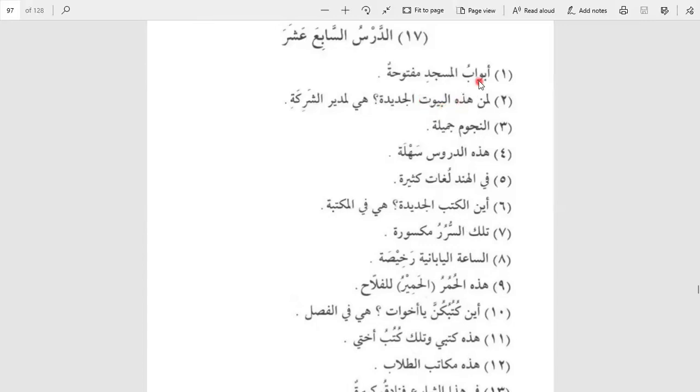Sorry, I was confused by bawab, which means doors, and this buyut is houses. So for whose these houses? Here لمدير شركة. This is for the director of the company. So look at how hadhihi is being used here, because buyutu is jamu mu'annath and kuli jamu mu'annath.